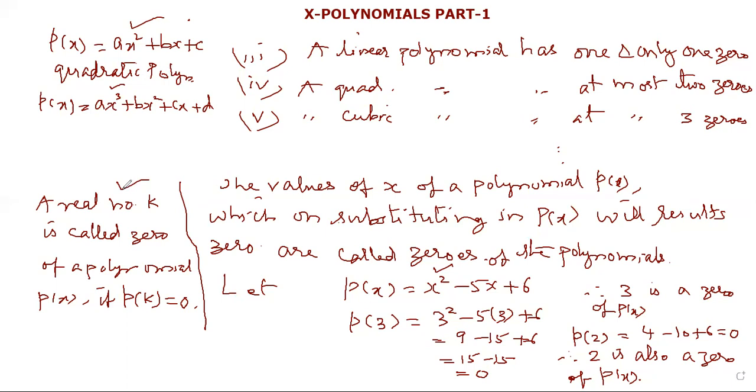The graph of a linear polynomial is always a straight line.